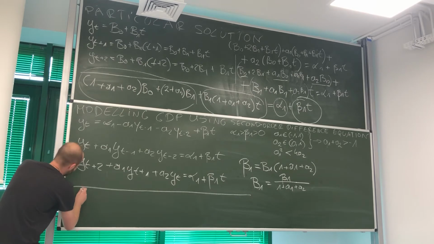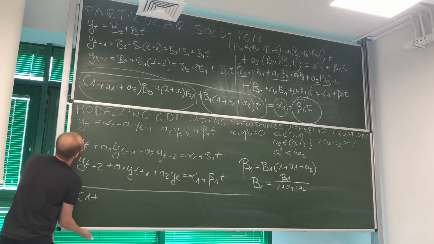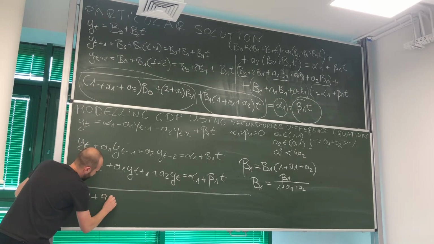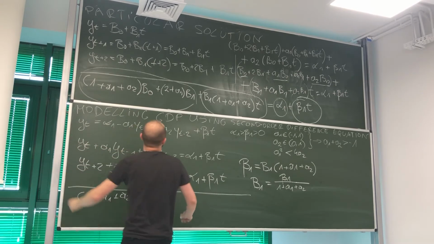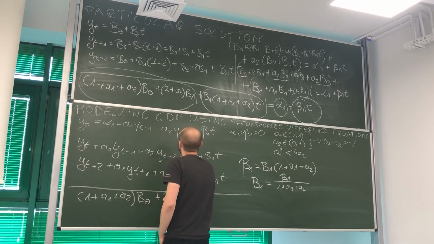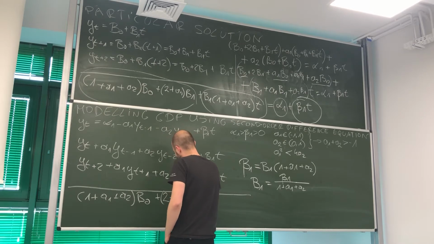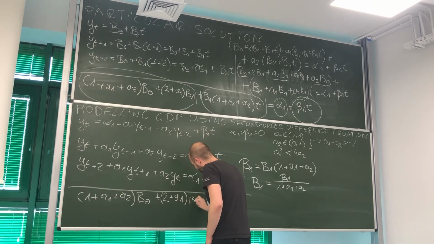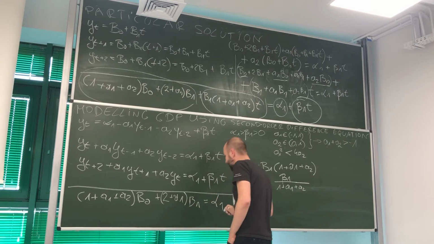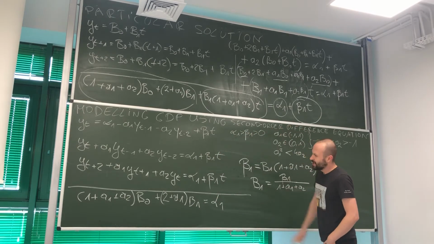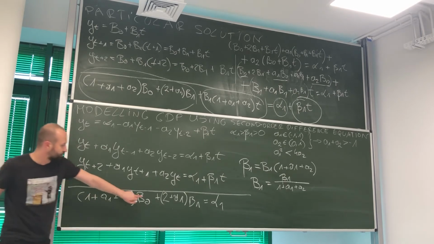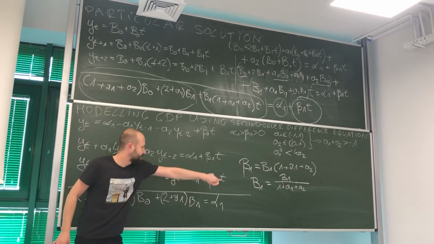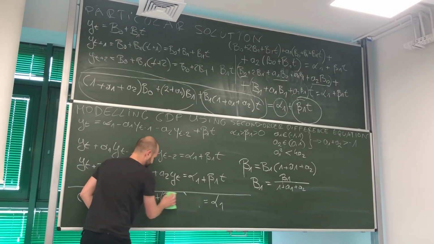Okay, so we have that 1 plus a1 plus a2 b0 plus 2 plus a1 b1 is equal to alpha 1. Right? First thing we should do over here is to move this expression to the other hand side.